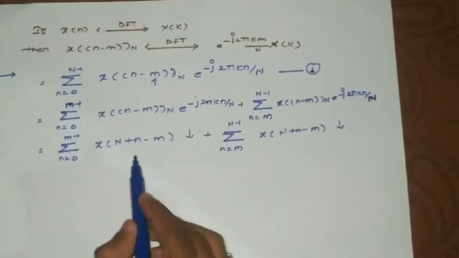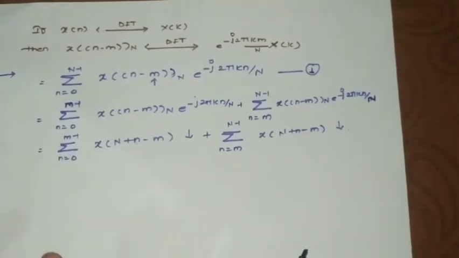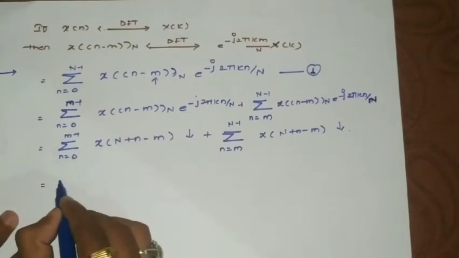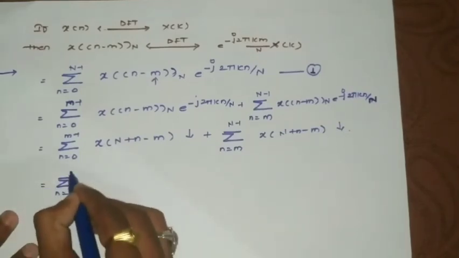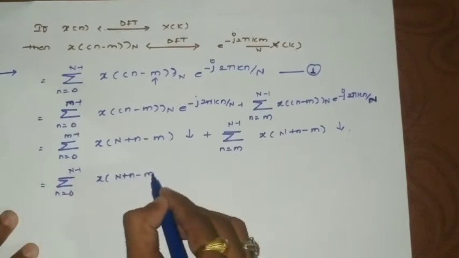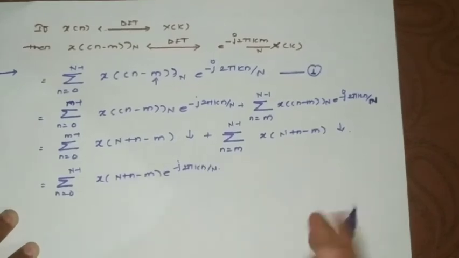Now we'll try to solve this summation first, and then we'll switch to the second one, so that it becomes quite easy to understand in a proper way. So here, when I concentrate on this particular sequence, we'll solve only this one, summation 0 to m minus 1, into exponential, that will not be changed at all.